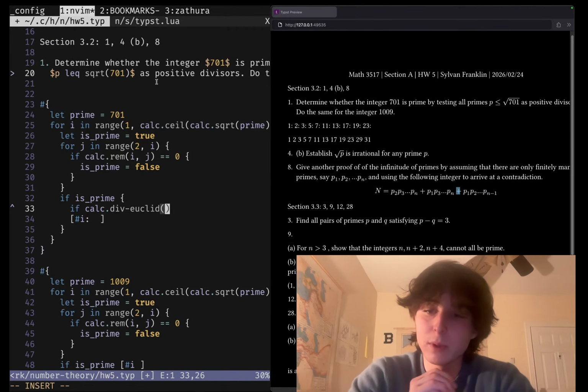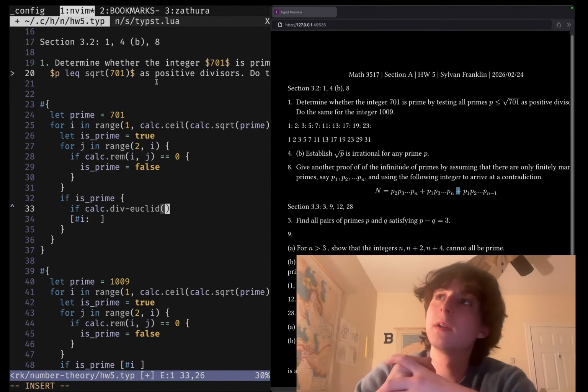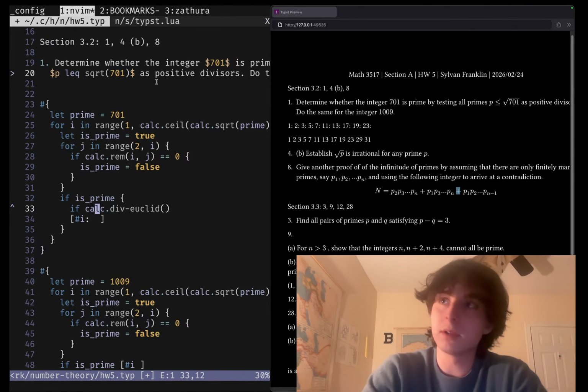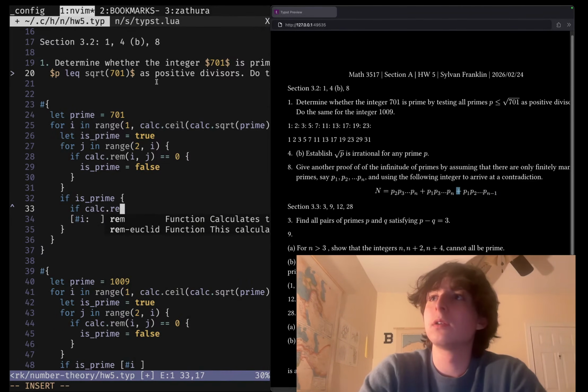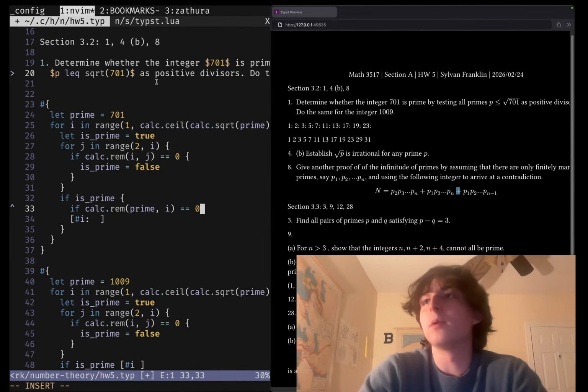You might just want to use rem prime I 0. Rem prime I. Oh. Yeah, you're right. So if it's 0, then I divides the prime.